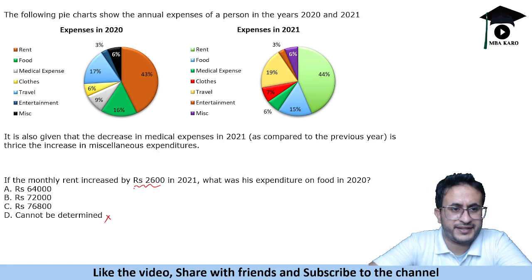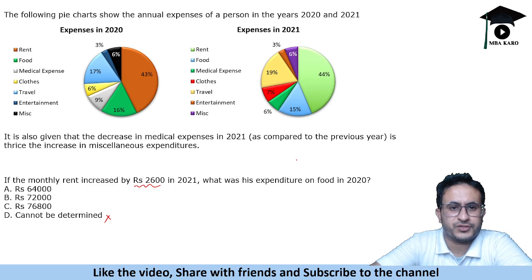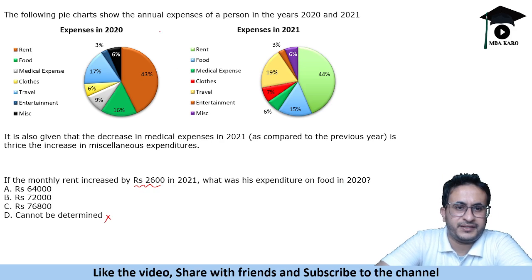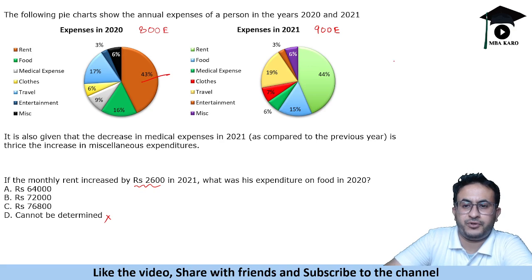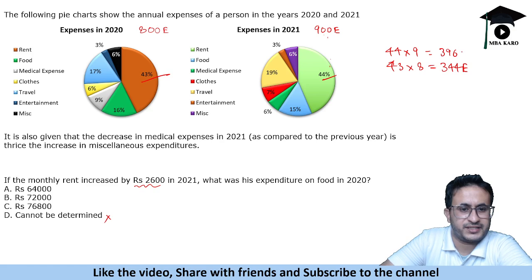So it says monthly rent increased by 2600. What was his expenditure on food in 2020? So what we will do, we will find, let's say the total expenditure was 800 E and the total expenditure was 900 E. Okay. So expenditure on rent would be 43 into 8 is 344 E and rent expenditure in this year is 44 into 9, which is 396 E, right?